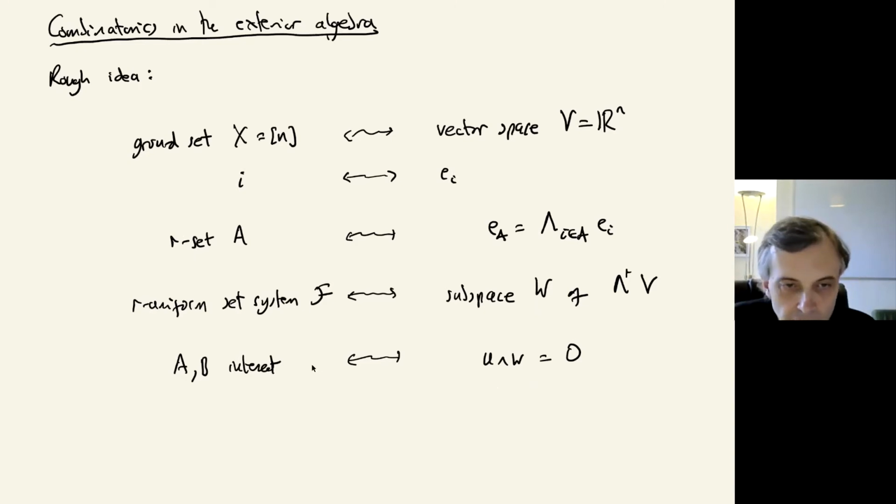Okay, and now the crucial thing: if I have two sets that intersect, then what do I think about on the exterior algebra side? Intersection for sets is analogous to having wedge product 0 on the exterior algebra side. Okay.